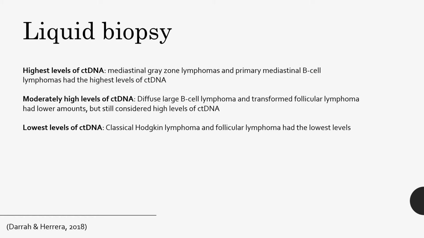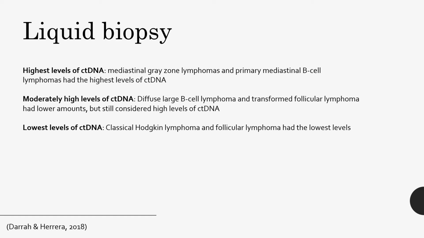The percentage of circulating tumor DNA in the blood is dependent on the lymphoma subtype. A study that assessed circulating tumor DNA in different types of lymphomas found that mediastinal gray zone lymphomas and primary mediastinal B-cell lymphomas had the highest levels of circulating tumor DNA.